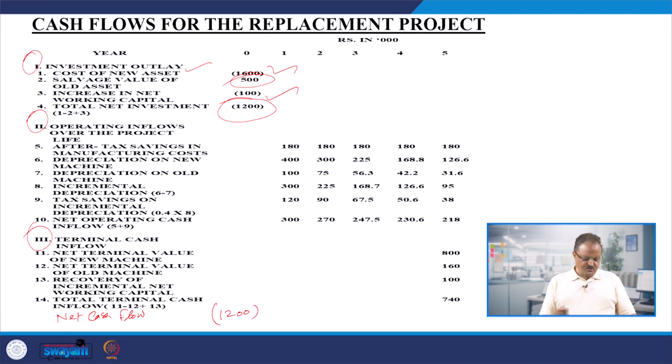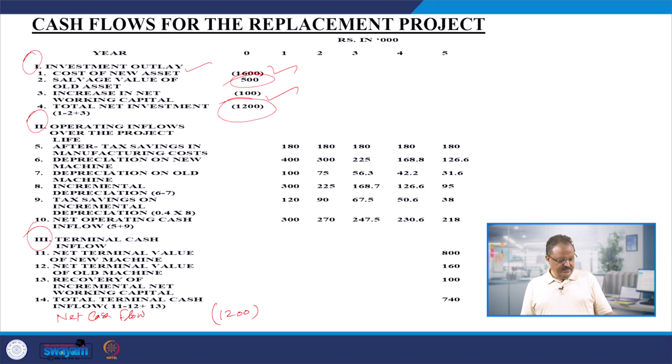And then we will talk about the second part, the operating inflows over the life of the project. For calculating the operating inflows, first we will take the after tax savings in the manufacturing cost. Manufacturing cost is incurred for the previous machine also, and we are incurring it for the new machine also. So the efficiency of the new machine as compared to the old machine would help us to reduce the cost.